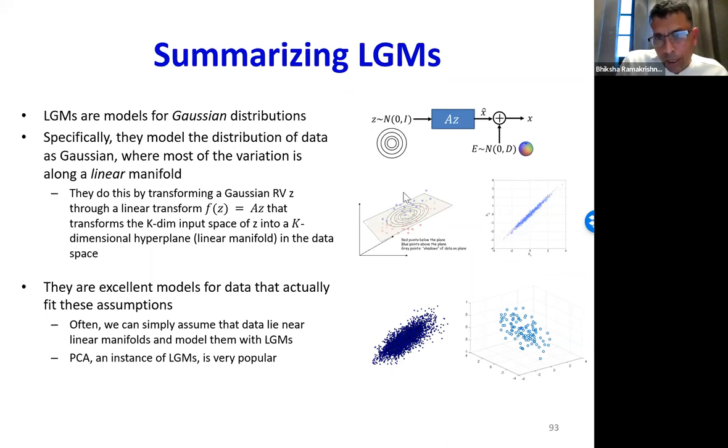So what the model is doing is finding this principal manifold and the variance of the noise. That is this generative model, where Z goes through a linear transform, and then you add some full dimensional noise to it to generate X.